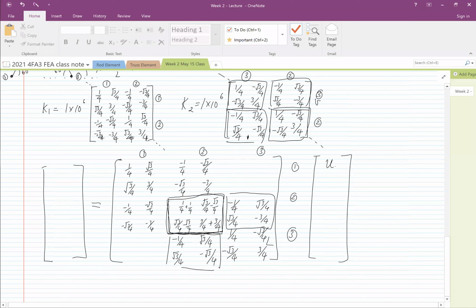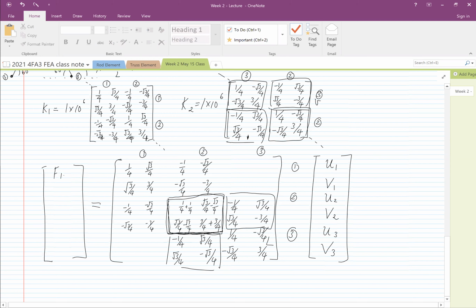And each node moves in the x direction or the y direction. Usually I name u as any horizontal movement and v as any vertical movement.